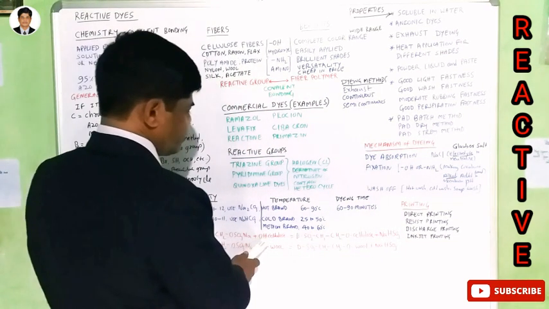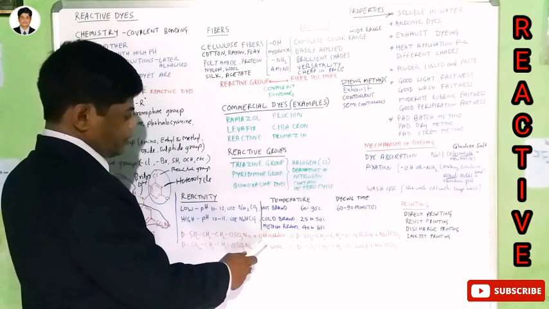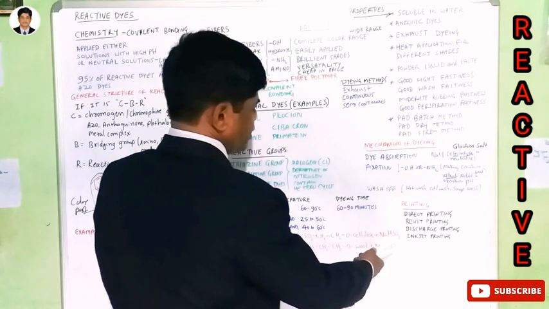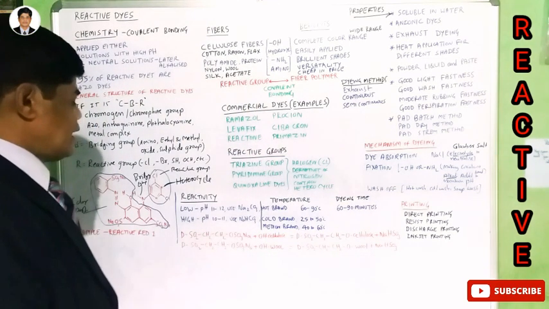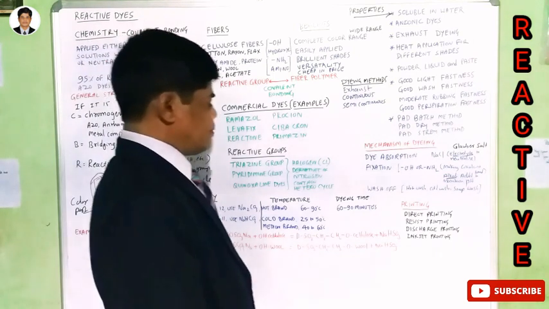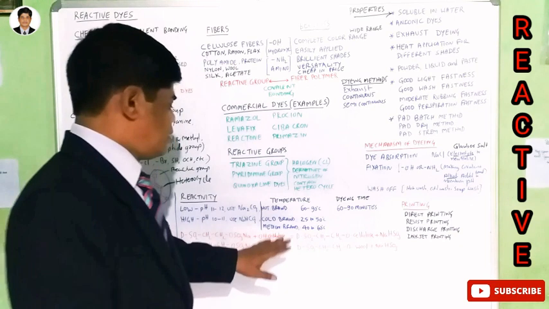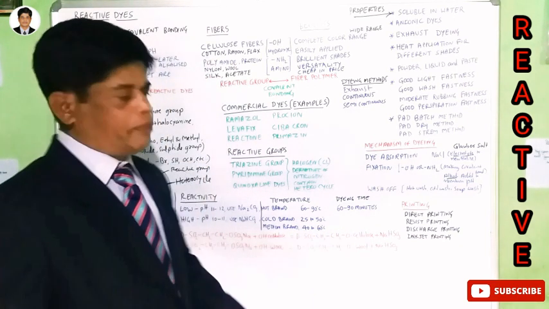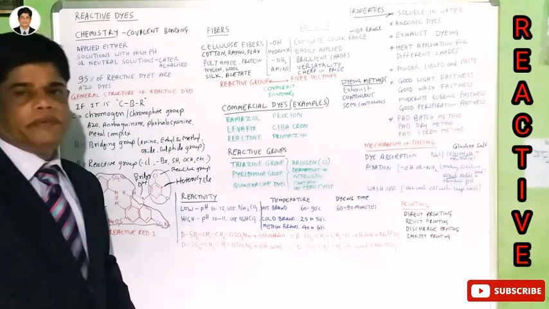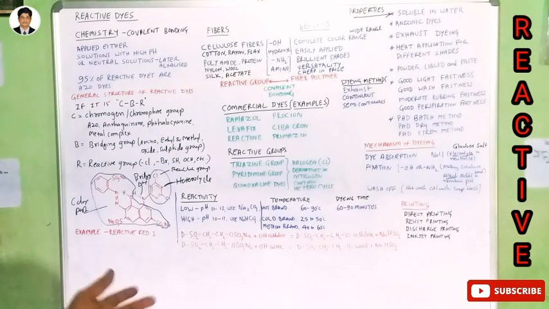The H hydrogen of this hydroxyl group is added to the NaSO3, and sodium sulfite NaSO3 becomes sodium hydrogen sulfite. This is the reaction for cellulose. Below there is the same reaction for wool. Please note down. Please pause the video and note down.